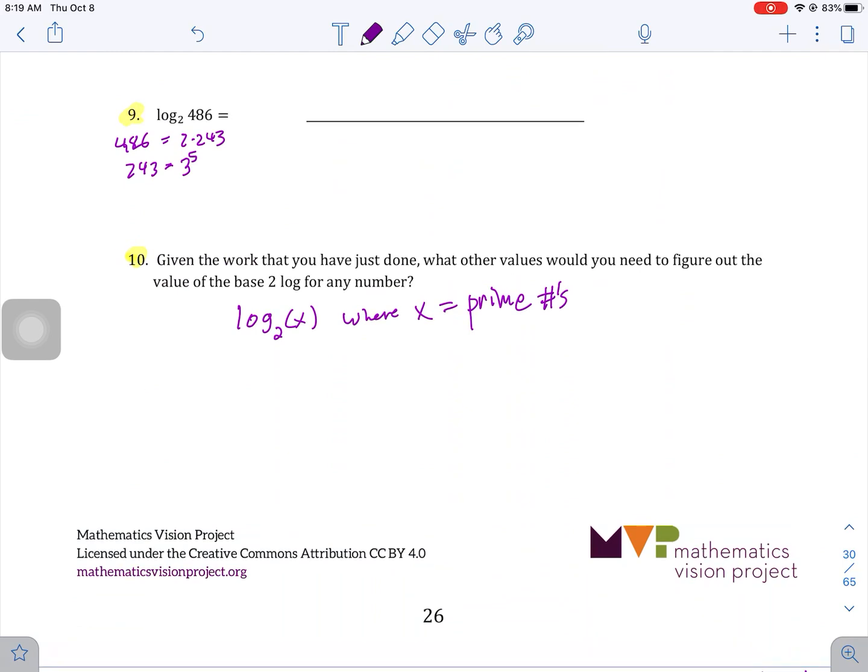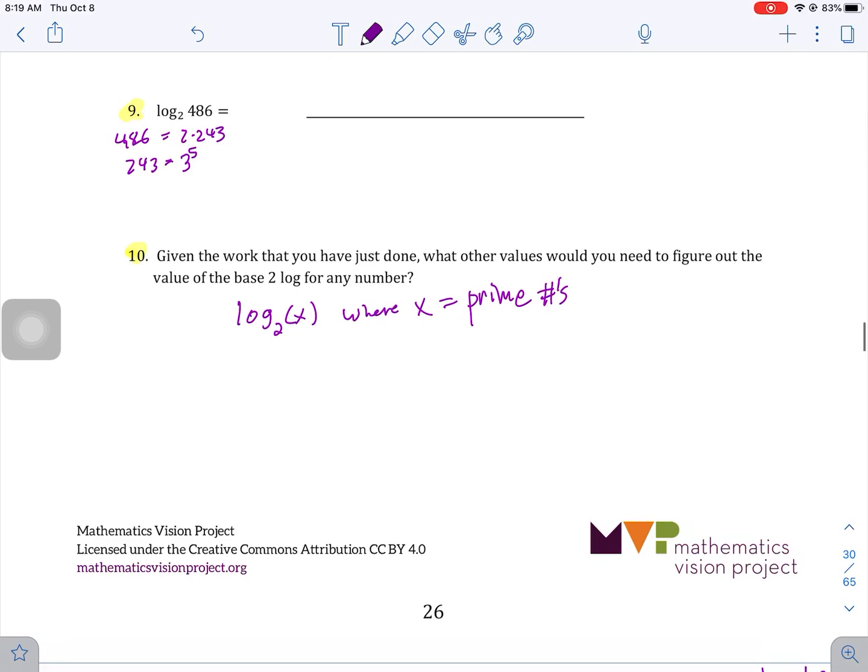For 486, we know 243 times 2, 3 to the 5th. So I could write this out as log base 2 of 2 plus log base 2 of 243. And just one note about this. Here, this log base 2 of 2 is 1.